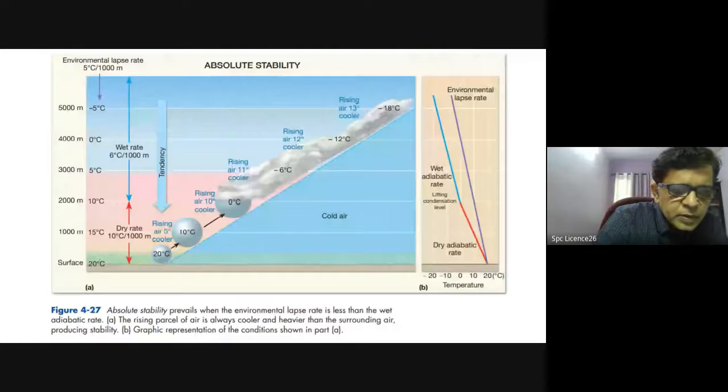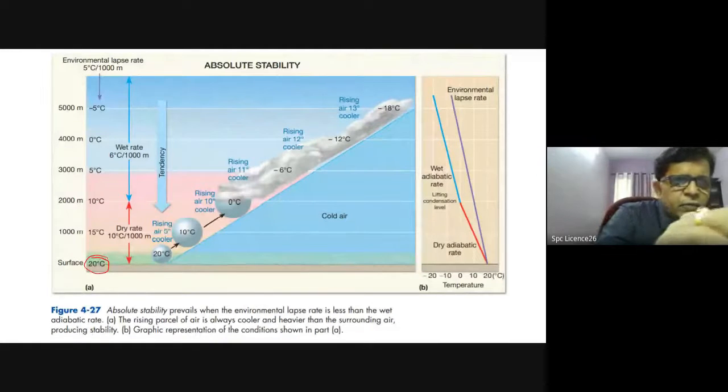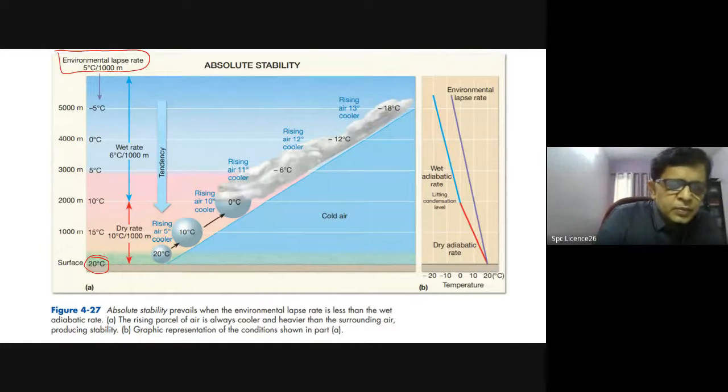You'll see that the surface temperature is 20. The environmental lapse rate is 5 degrees here, and the surface temperature is 20. Obviously, the air parcel is also going to be at 20. It is now made to rise. This is unsaturated, so it will move at 10 degrees. So by the end of 1 kilometer, 20 will come down to 10.